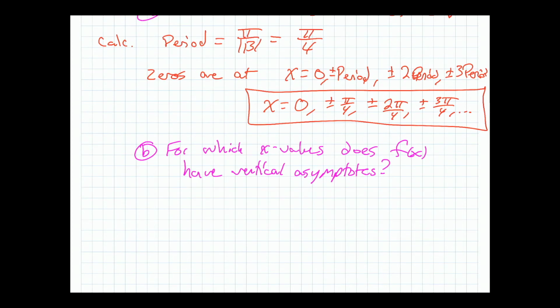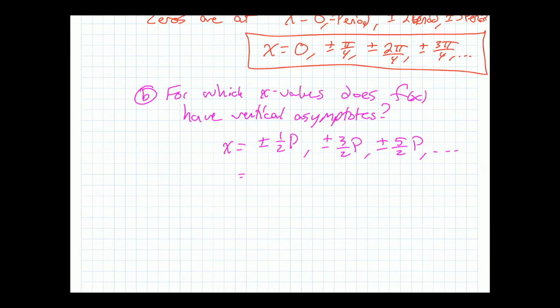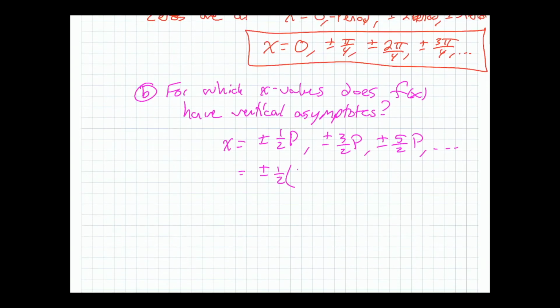Right? And then it would be exactly the same work, but it would be x equals plus or minus 1/2 period. I'm just going to write p for period. 1/2, plus or minus 3/2 period, plus or minus 5/2 period, dot, dot, dot. So they would be plus or minus 1/2 of a period. What's a period? Period was pi over 4.